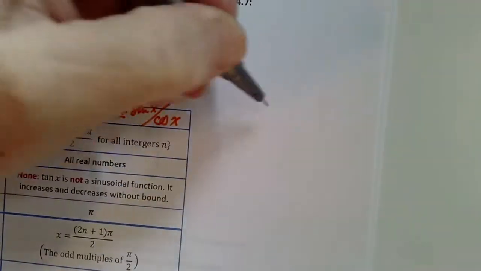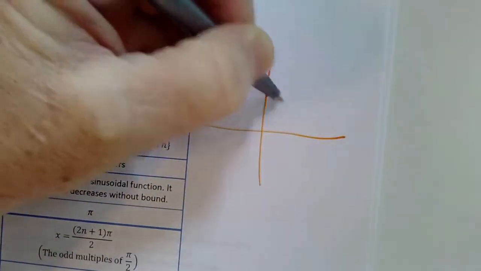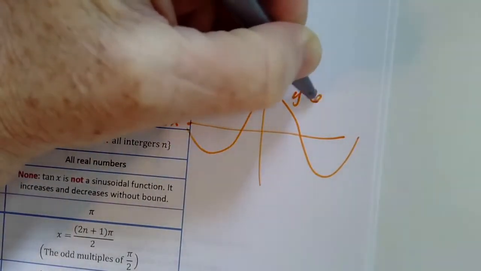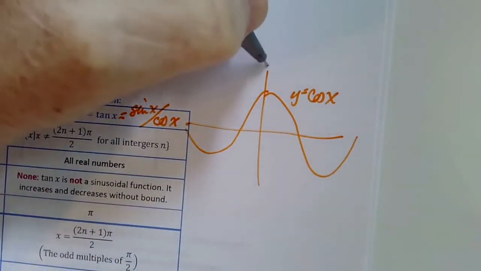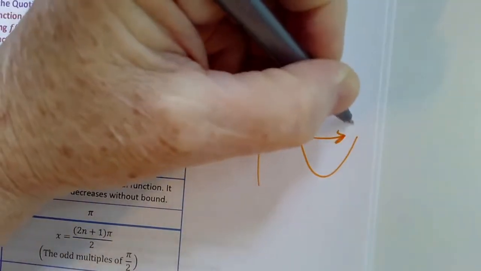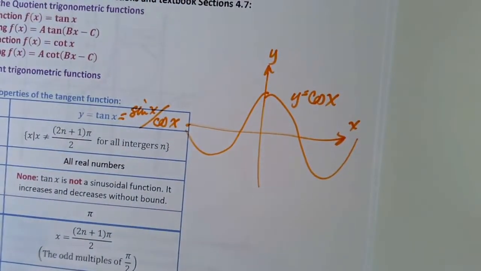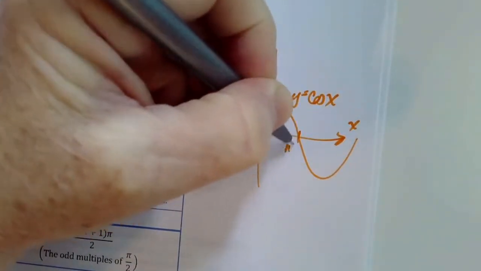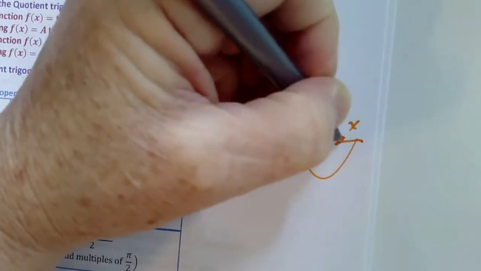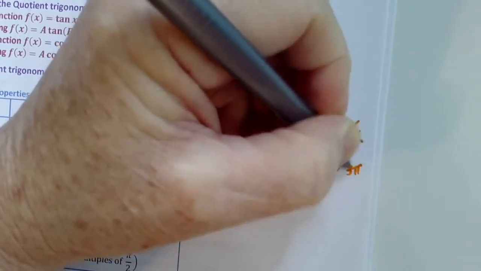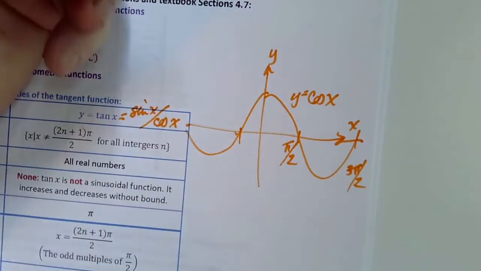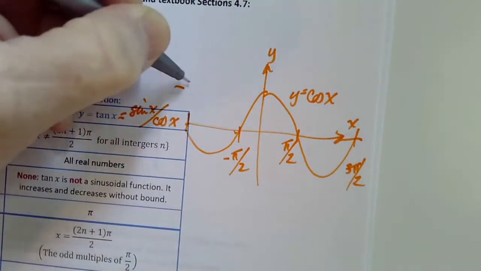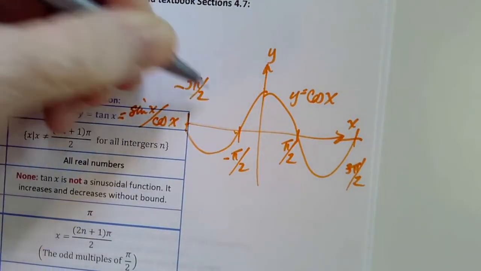So let's see, cosine, here's y equals cosine x, and let's see, this was pi over 2, and then the next one was at 3 pi over 2, and if we go backward, we're at negative pi over 2, and then negative 3 pi over 2.